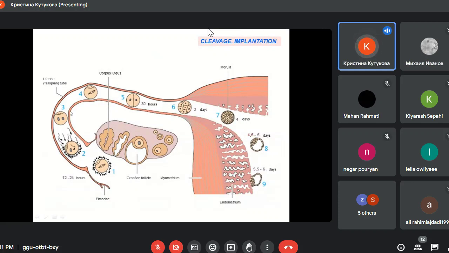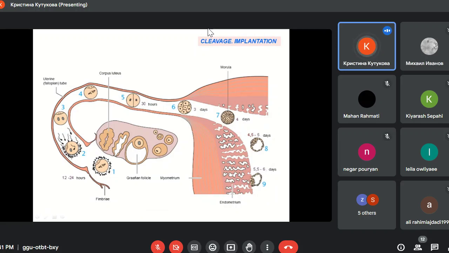So this happens inside the oviduct, and by day 6, the blastocyst should enter the uterus. So this is the uterine wall, and next this embryo will attach to the wall of the uterus from inside, and then it will go inside the wall.